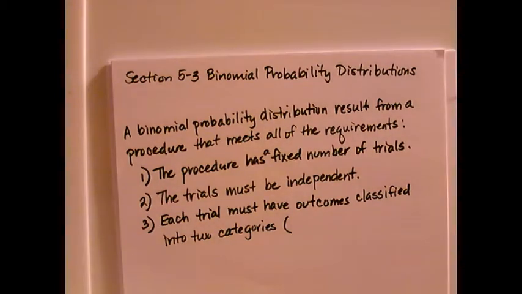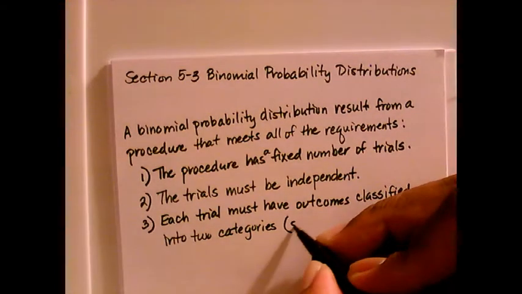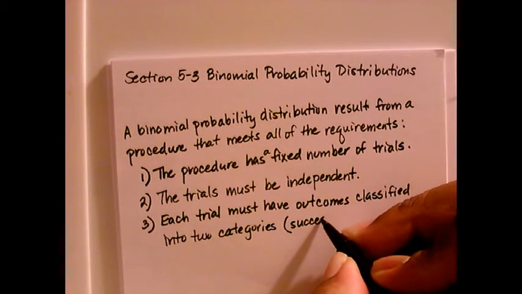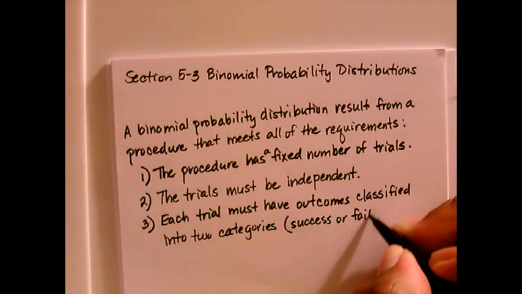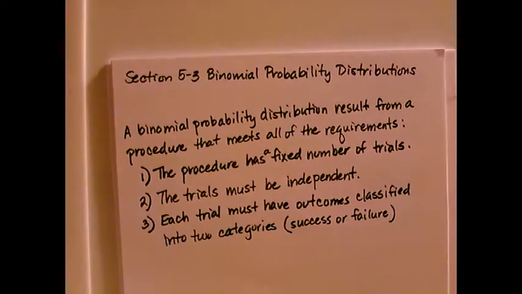And usually we refer to them as success or failure. Okay? And sometimes you may have acceptable or defective or survived or died. Those are considered to be outcomes that are classified in 2 categories. Because it's either going to be a success or you're going to have a failure. One or the other.